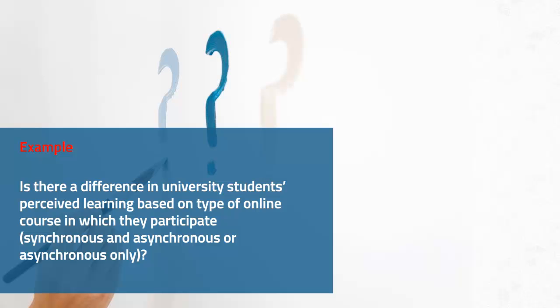Also, the word difference implies that the researcher is going to use some type of analysis to test a hypothesis of difference. Here we see that it looks like there's one dependent variable, which is perceived learning, and one independent variable with two groups, synchronous versus asynchronous.